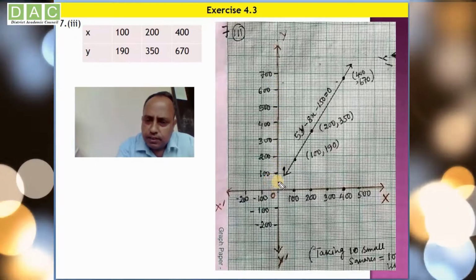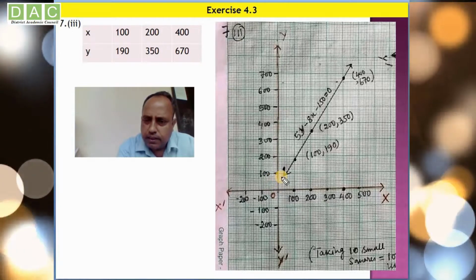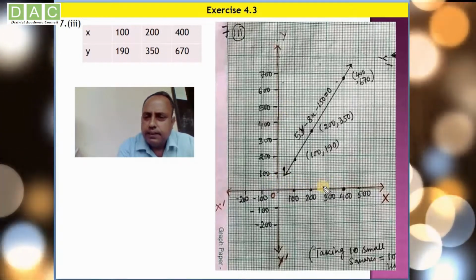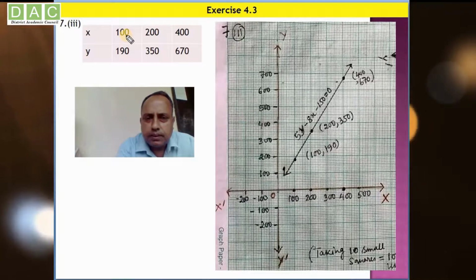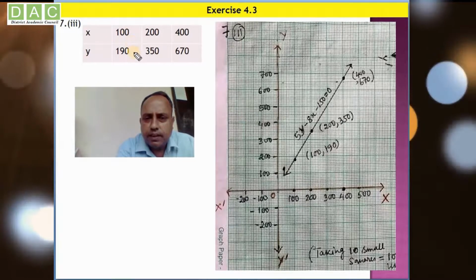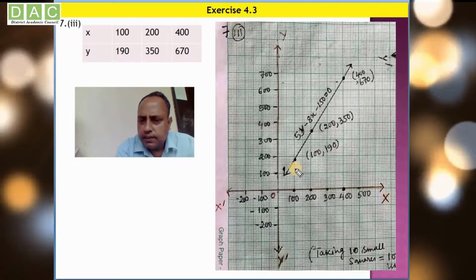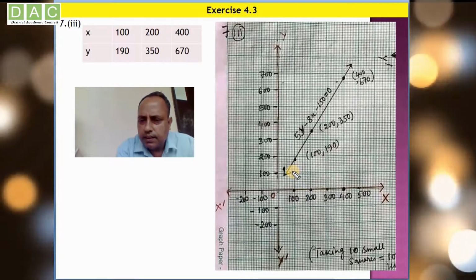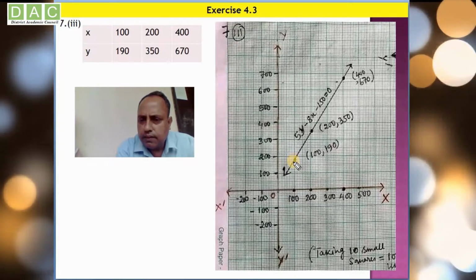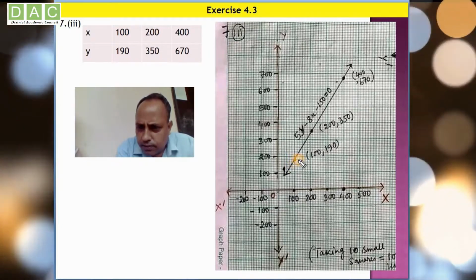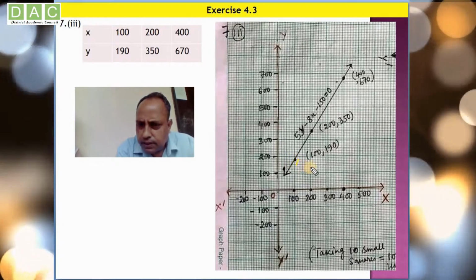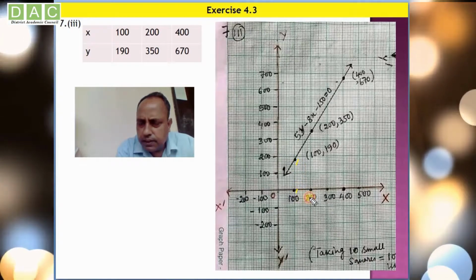It means 10 small squares equal 100 on both axes. Now the first point is x 100, y 190. For x you see 100, then y is up to this much is 100, and this one is 200, then one square below this one is 190. So 100, 190 is the first point.